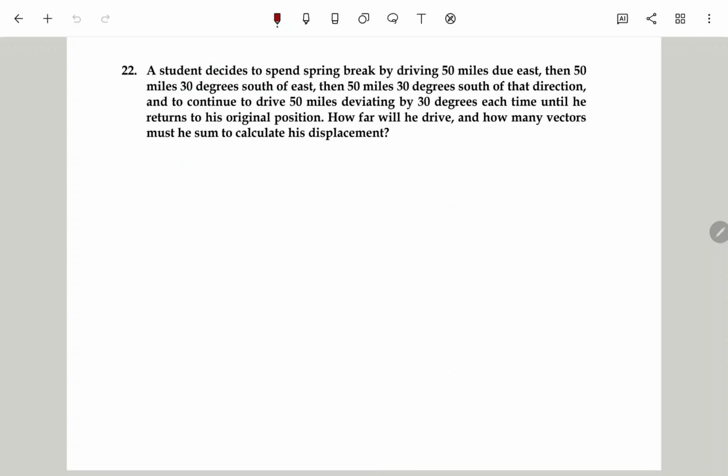A student decides to spend spring break by driving 50 miles due east.